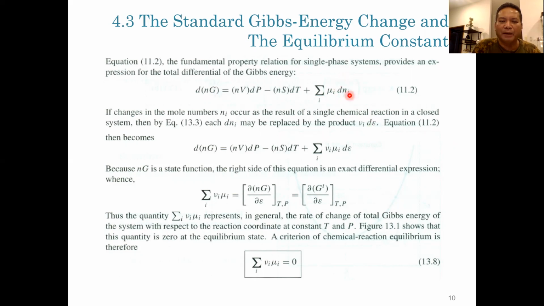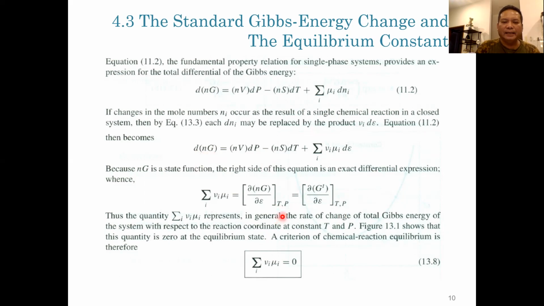Then we get this equation. At constant temperature and pressure, what will happen to this equation? Delta P will be 0, and delta T also will be 0. So you get dG equal to this. This is what they show here at constant temperature and pressure.